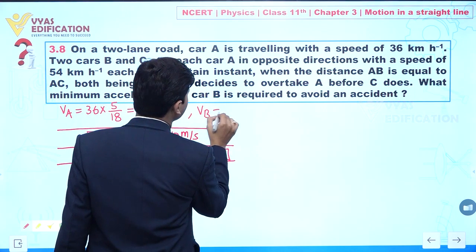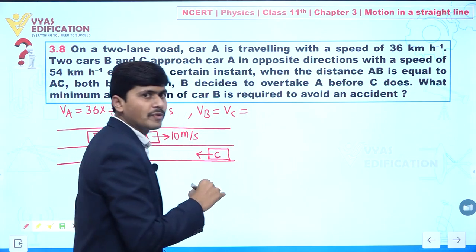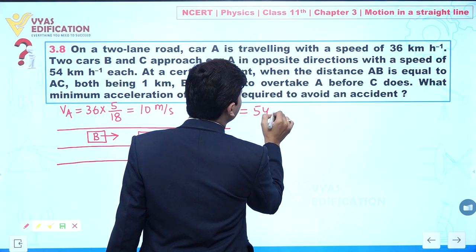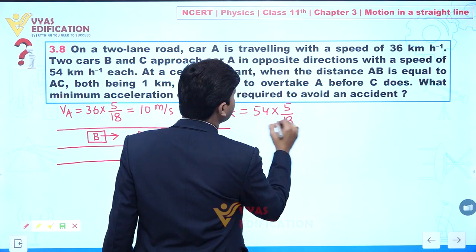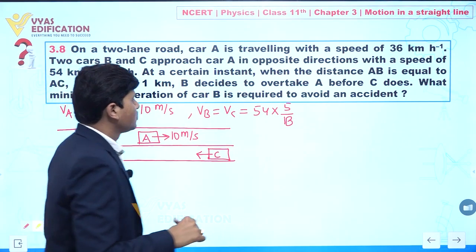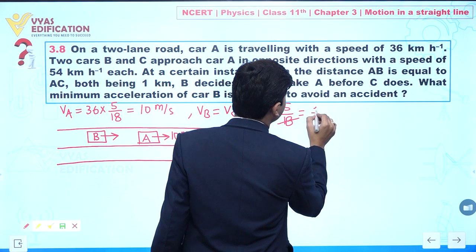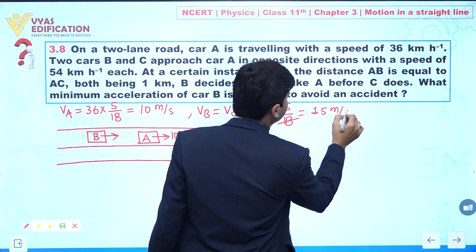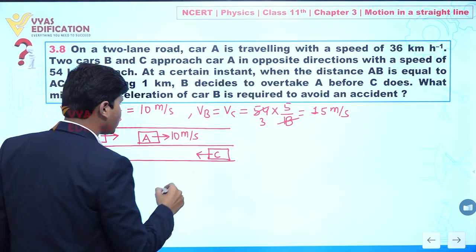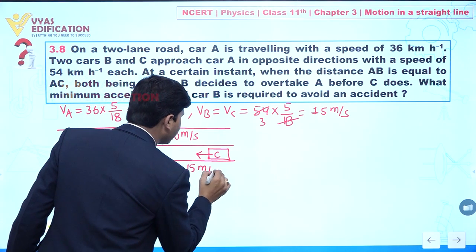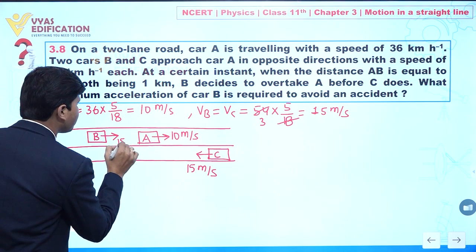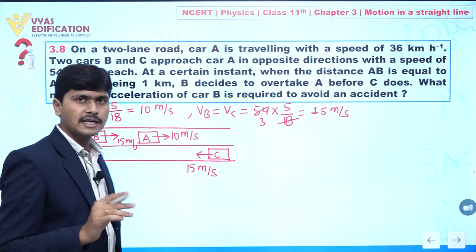So the speed of B or C is 54 into 5 by 18, which is 15 meter per second. So the speed of car C is 15 meter per second, and here it is also 15 meter per second. Clear to you?